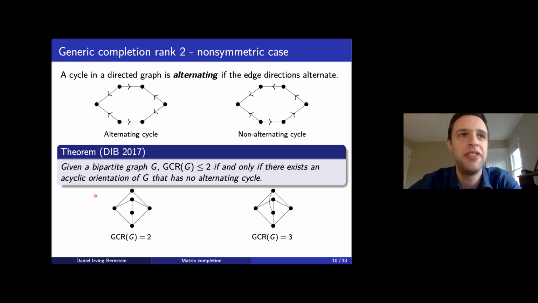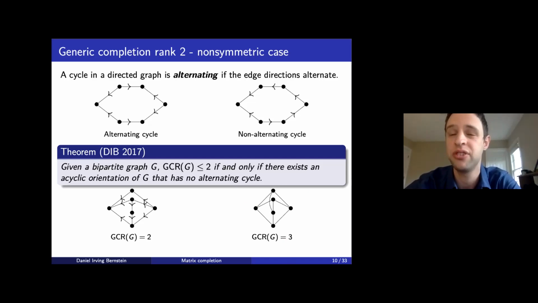So here's a characterization for when you have generic completion rank at most 2. Given a bipartite graph G, the generic completion rank is at most 2 if and only if there exists an acyclic orientation of G that has no alternating cycle. For example, here is a bipartite graph that I claim has generic completion rank 2 because, if I orient the edges like this, there are no directed cycles and also no alternating cycles.